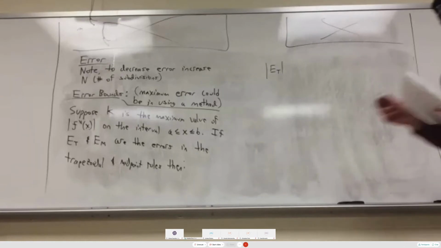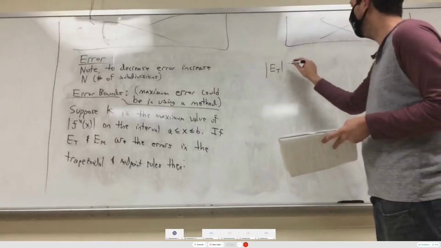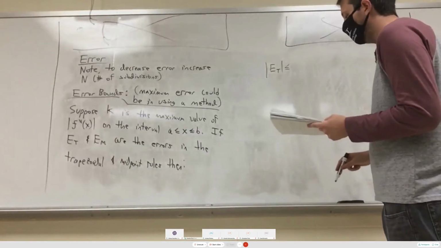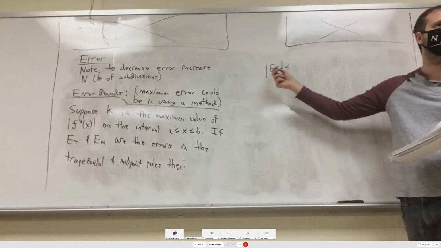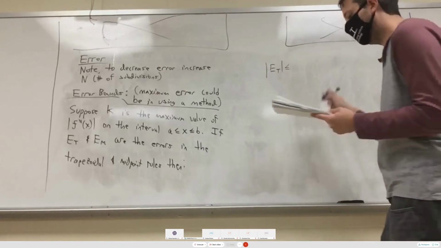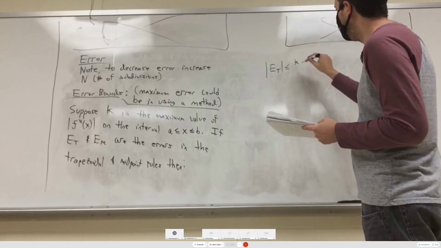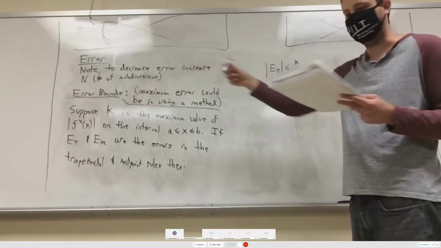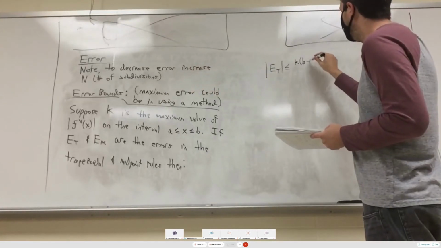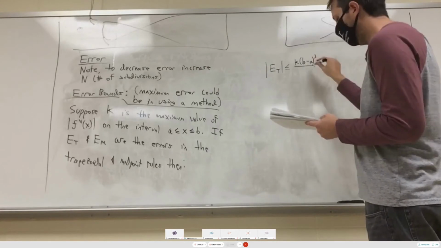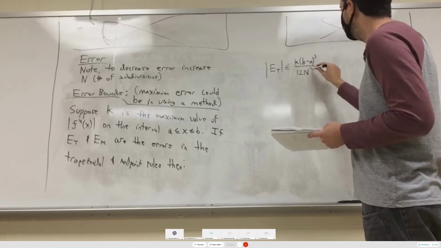Okay, so the error in the trapezoidal rule is less than or equal, and it's the magnitude of the error, I don't care about the sign in this particular case, is less than or equal to K, which I defined over there, times (b minus a) cubed over 12n squared.